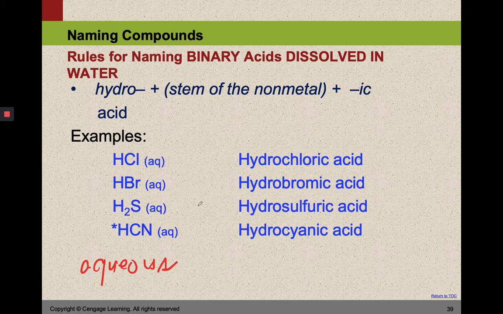Hydrobromic acid, hydrosulfuric acid, and this is a special case. It's not binary, but this one is considered a polyatomic ion, the cyanide ion. So we call this hydrocyanic acid. It's an exception.